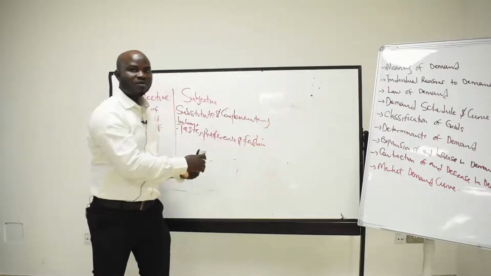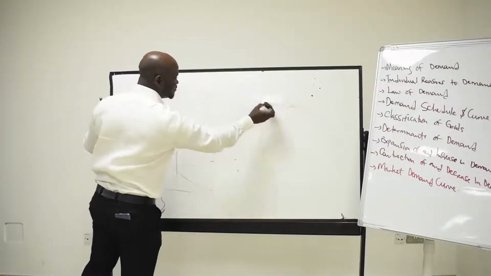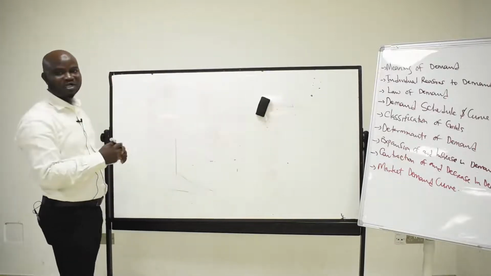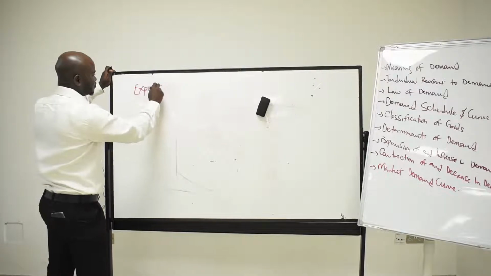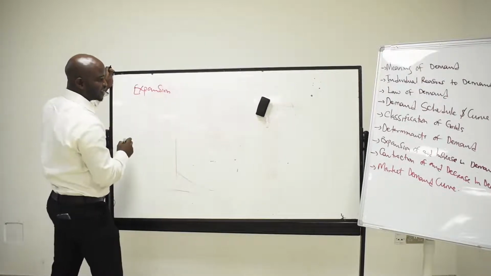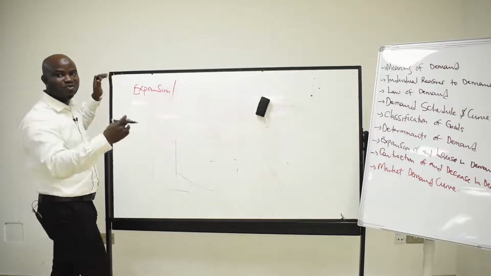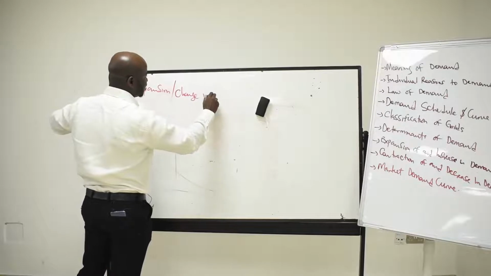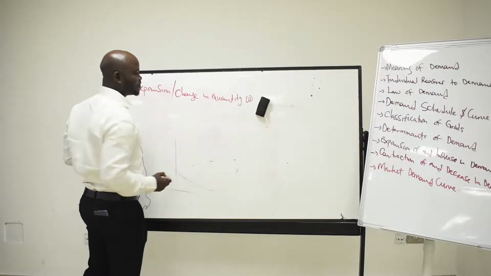Now, so we have expansion and an increase in demand. So let's take it one after the other. Let's say expansion. Another name for expansion is change in quantity demanded.